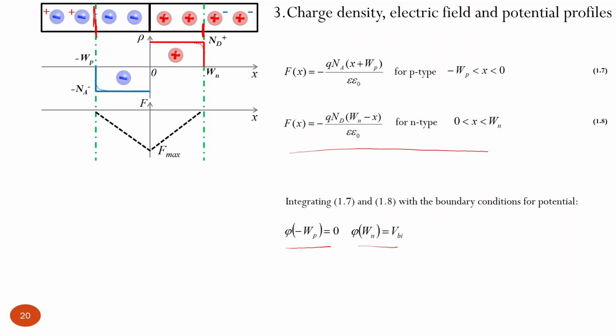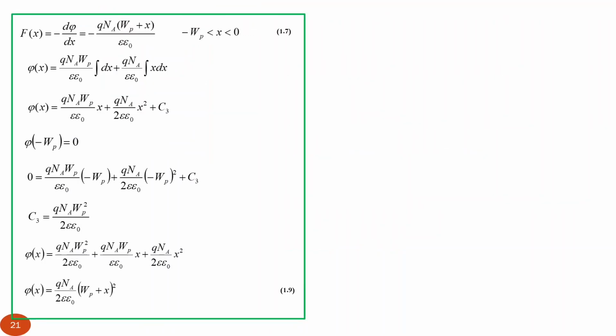So considering these two boundary conditions, we can do our calculations. So let's do it first for p-type. We have this function of electric field versus position, and we can write that this is equal to the negative first derivative of electrostatic potential over position x.